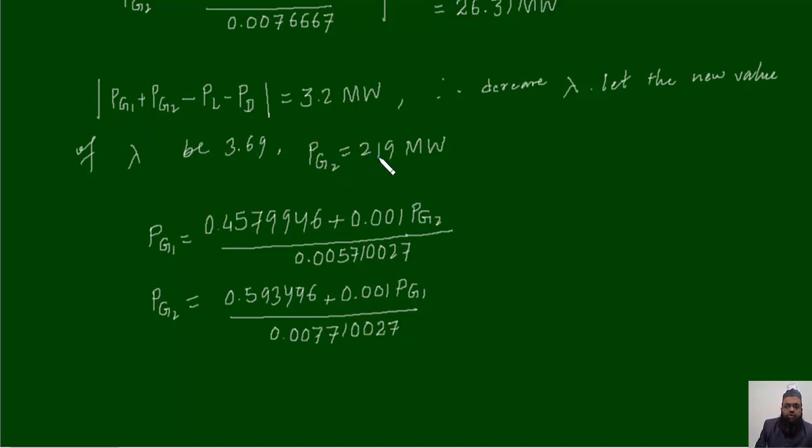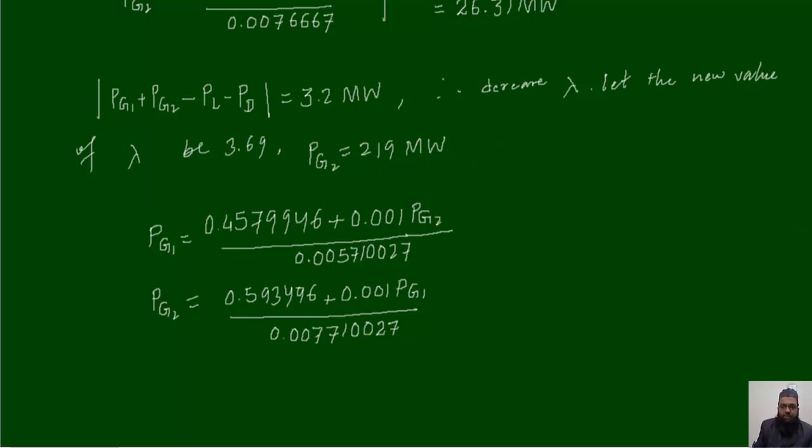Starting with Pg2 equal to 219 megawatt, where did this 219 come from? Now we have decreased lambda to 3.69. So for this new value of lambda, again calculate PG1 and PG2 using the equal incremental cost criteria as we started earlier.